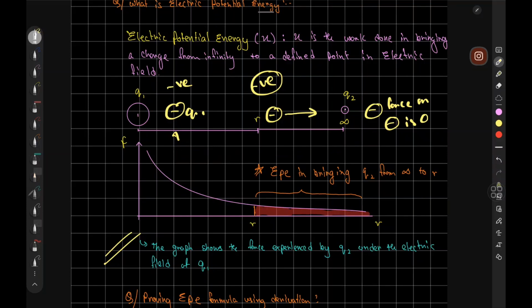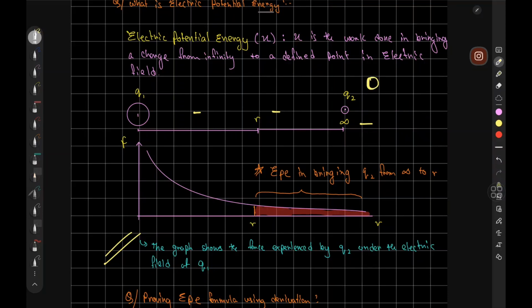And that work has converted into potential energy of Q2. And the potential energy of Q2 from this position to this position to this position increases to 0. That is why for attractive forces, the electric potential energy is always negative.